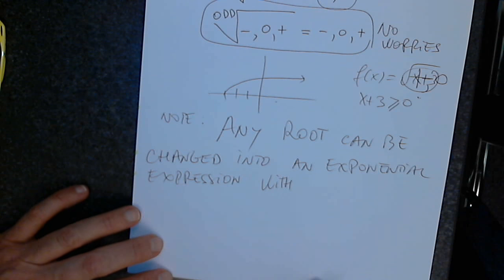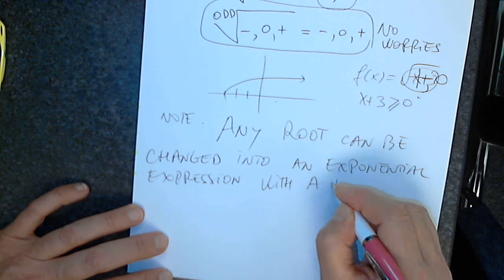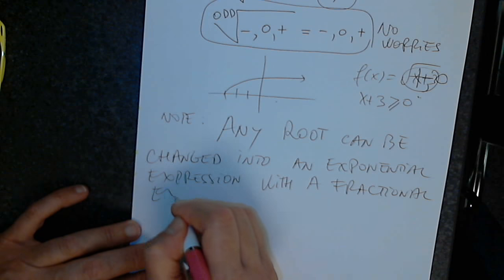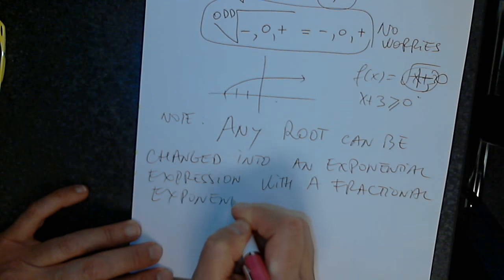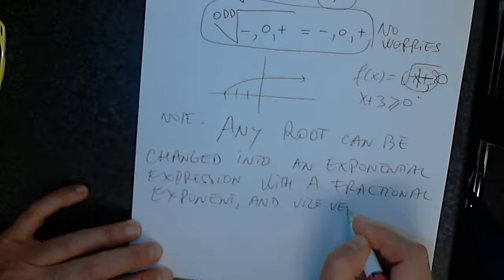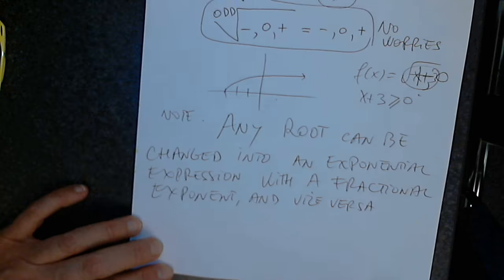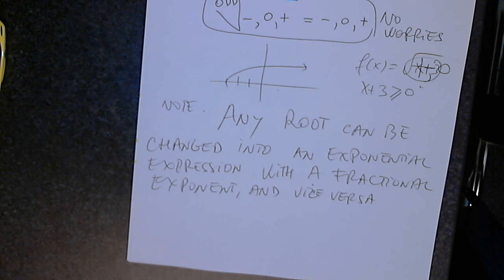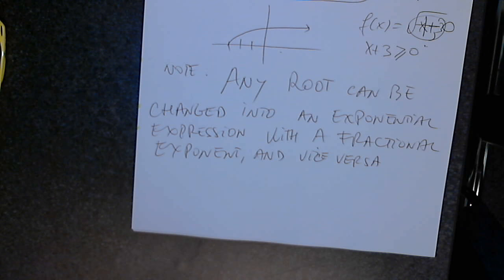We call it a fractional exponent. And vice versa. I will explain in a minute. Any root can be replaced or changed into an exponential expression with a fractional exponent, and vice versa.